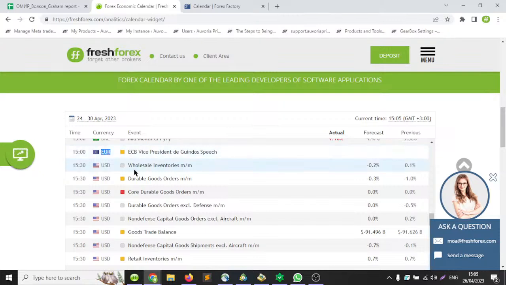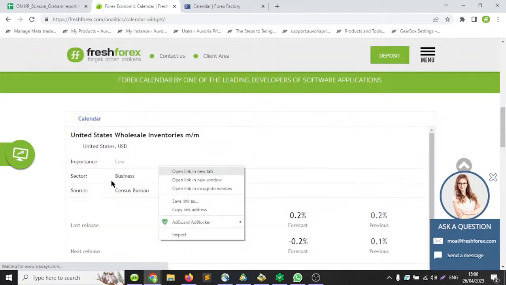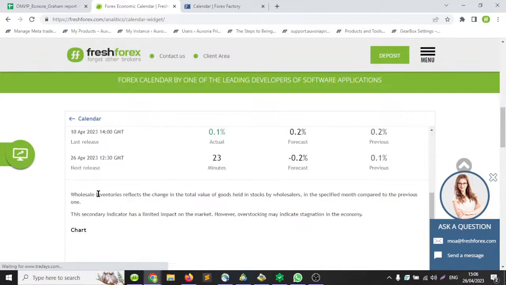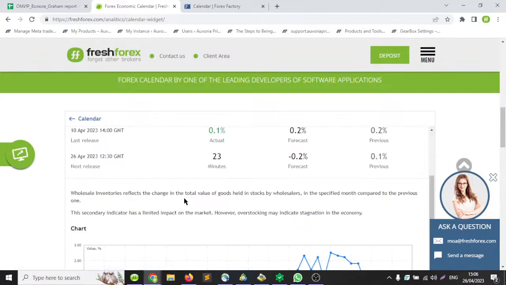We also have this where we have wholesale inventory. You can click it to learn more exactly what that is, or you can just find online what that stands for. It's a wholesale inventory, which reflects the change in total value of goods held in store by wholesalers in a specific month compared to the previous one. The secondary indicator has a limited impact on the market.